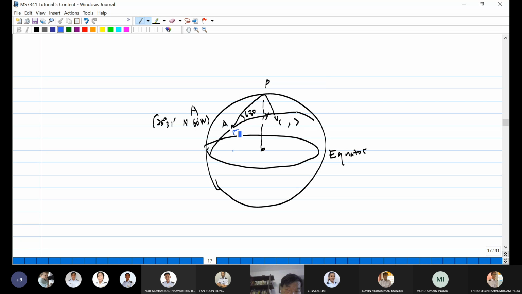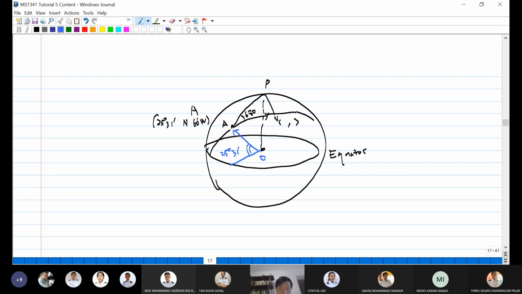Co means complement. So what is this angle here? So the angle between the origin and the A with the plane of the equator. This angle is how much? This angle is actually 25 degree 31 minutes.